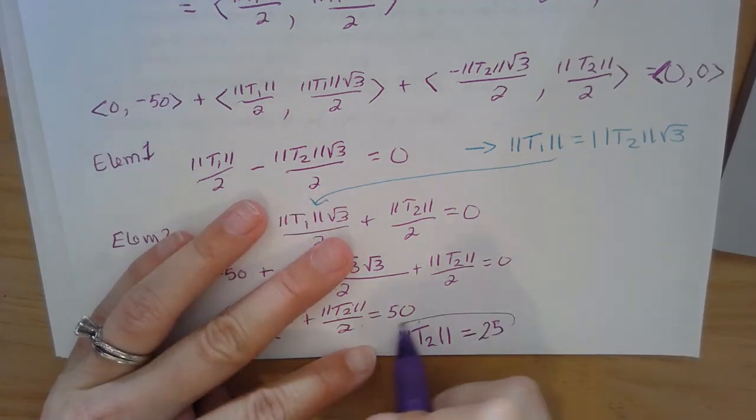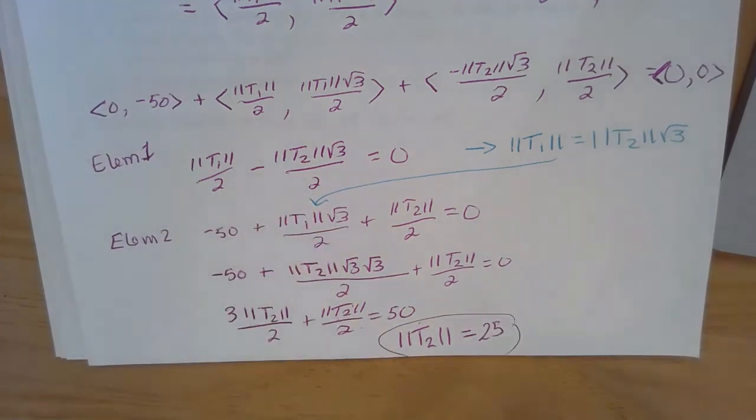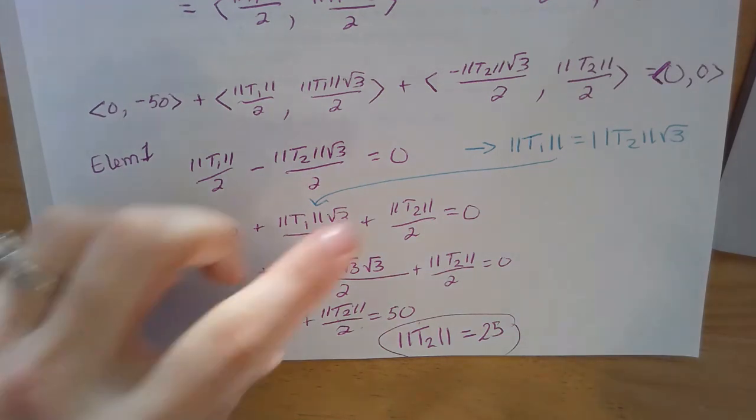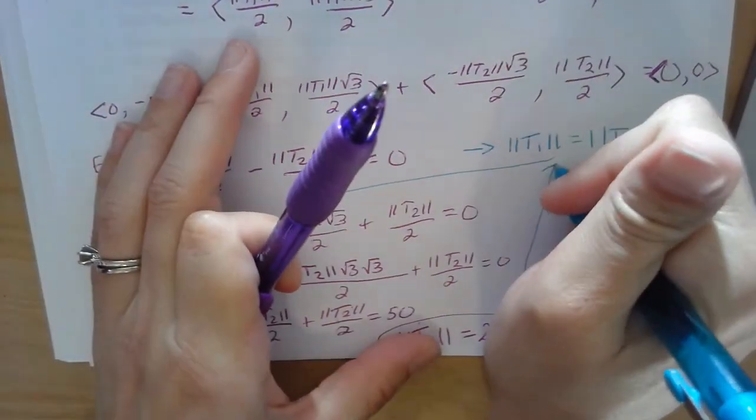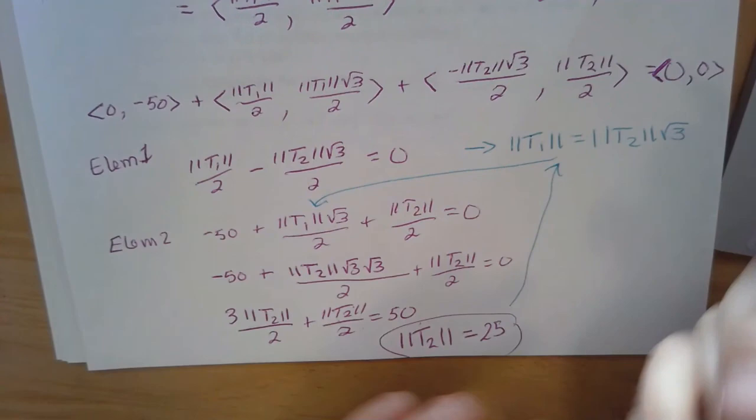Remember, that was one of the answers. We wanted to know the magnitude, the actual tension. So in this case, that second brace is 25. Okay, now we're going to use that and bring this back to help us find tension 1.